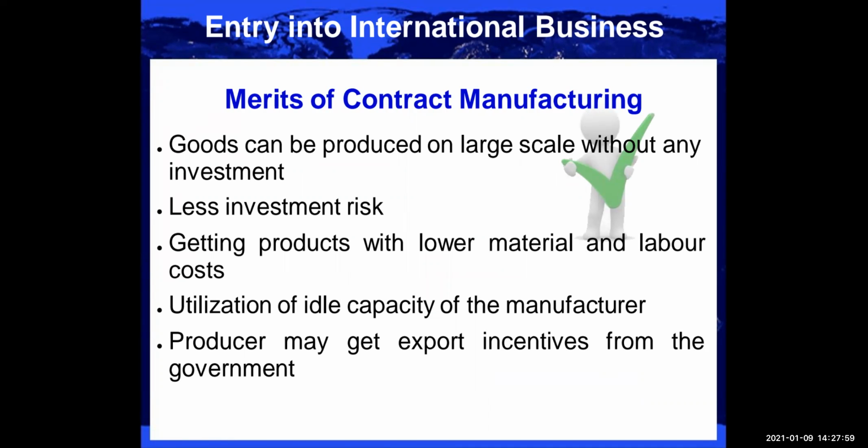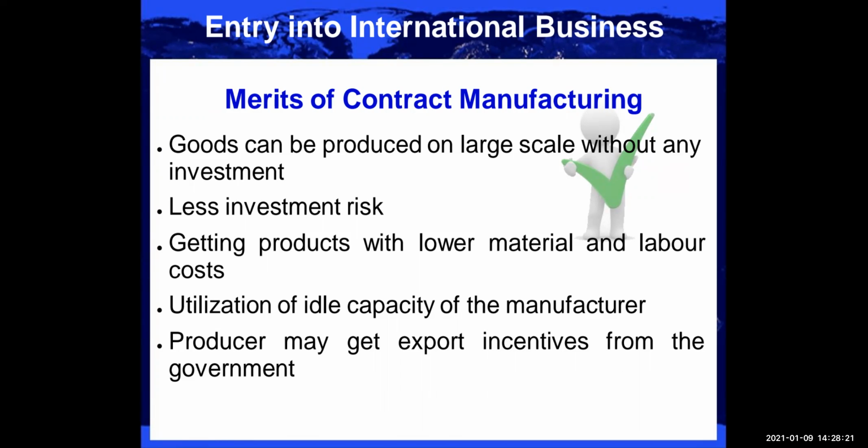Now, when we talk about the advantages of contract manufacturing, goods can be produced on a large scale without any investment, because over here you're giving the contract on any of those three bases, and less investment risk exists in this kind of business.